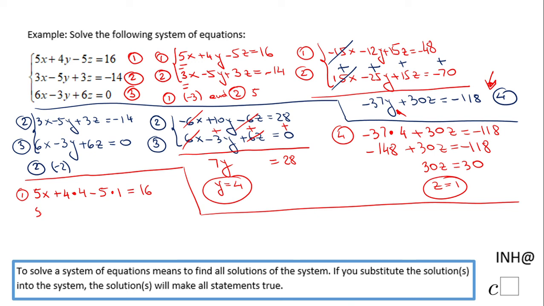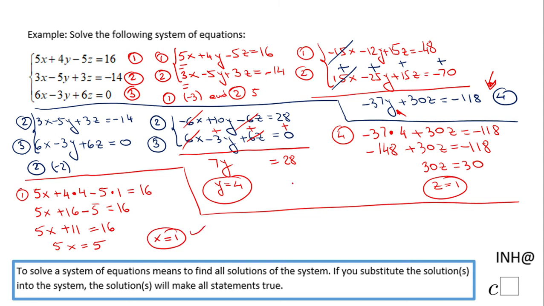So we're going to have here 5x plus 16 minus 5, sorry, plus 11 equals 16, subtract 11, that means 5x equals 5, divide by 5, and x equals 1.